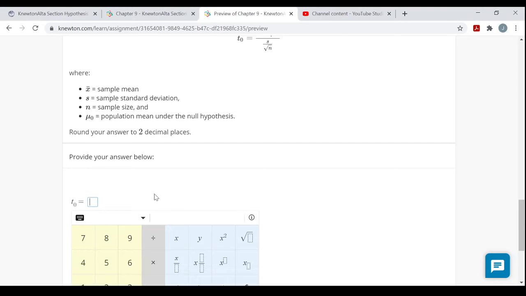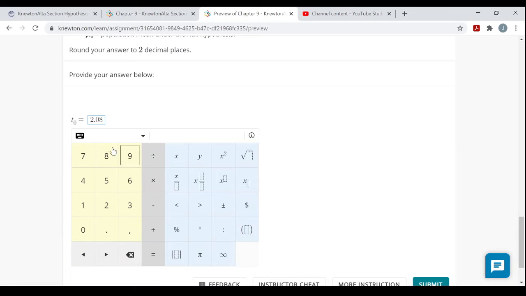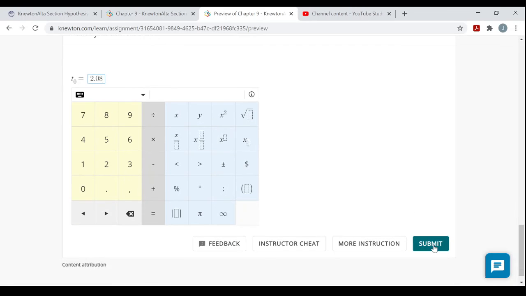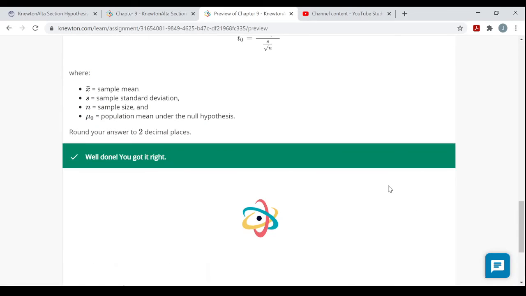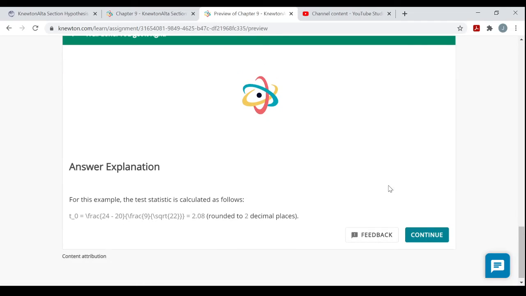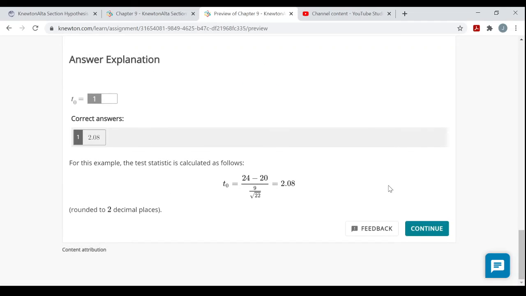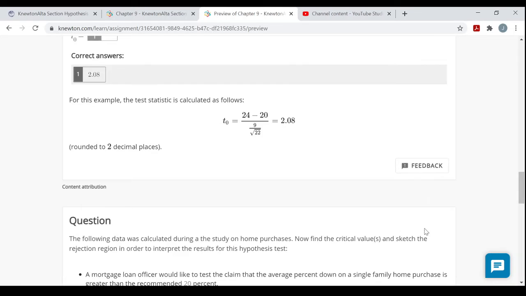So to 2 decimal places, 2.08 is our test statistic, this t sub 0 that they're calling. Again, wonderful. And again, they go through, they show you the same calculation that I just showed you. All right, then they'll be asking more likely now about the critical value.